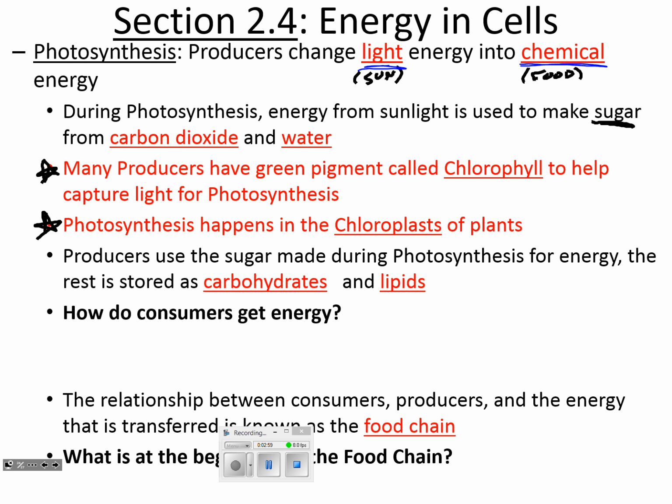During photosynthesis, plants take in carbon dioxide and water. Those are the physical things that they take in, and they use the energy from sunlight to make something called sugar. Sugar is the food that plants actually make.